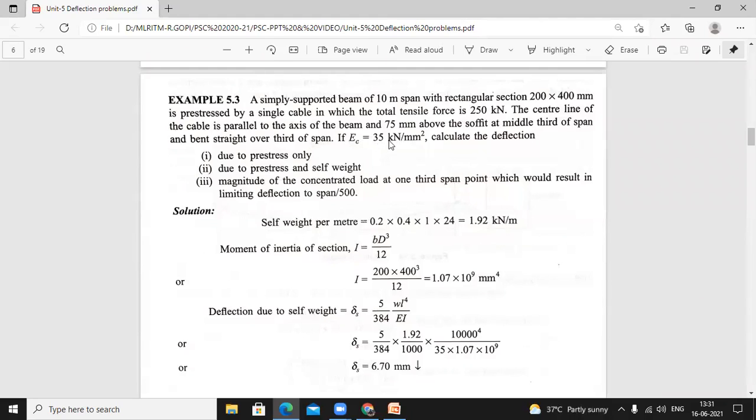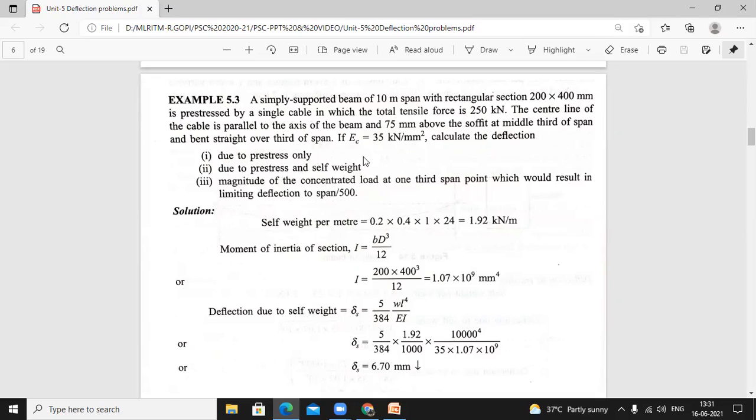If Ec is equal to 35 kilonewton per mm square, calculate the deflection due to prestress only, the deflection due to prestress plus self-weight, and the magnitude of the concentrated load at the 1/3 span point which would result in a limiting deflection of span by 500. This is the question.